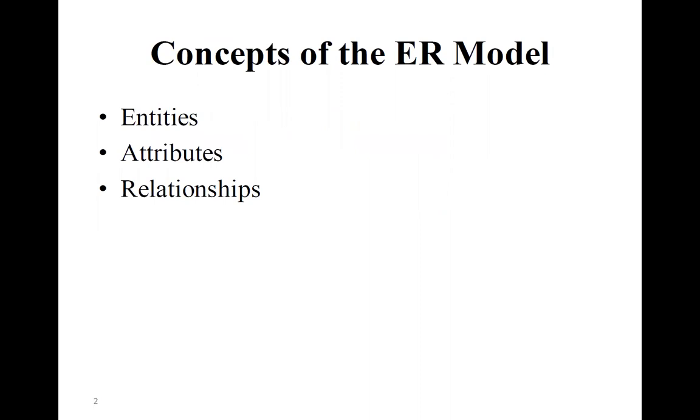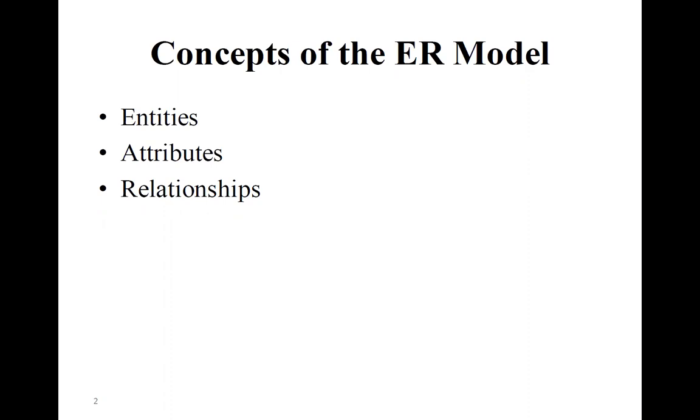To do modeling, when we design a database, there are three major topics we need to be familiar with: entities, attributes, and relationships. Entities are the real world objects, real world things. If we develop a library management system, we design a library management database, then our entities would be users, right? Libraries, books.